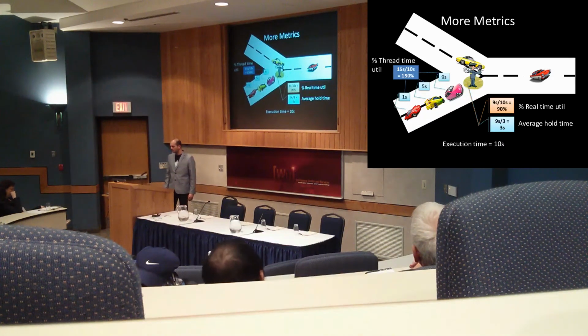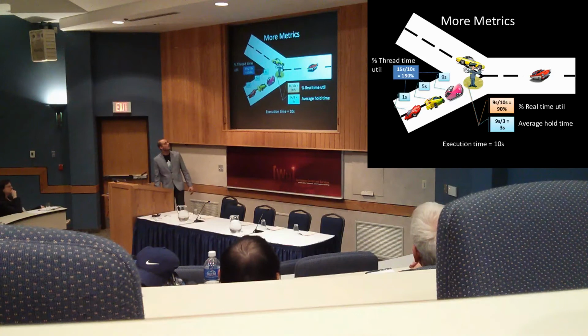We have some more metrics. They're relative metrics this time, so they're derived from the ones that we had before. So suppose that we have an execution time of 10 seconds in our example. The thread time utilization would be the thread time over the execution time. So in our example, 150%. It's over 100, but that's fine because we have multiple threads running at the same time. We also have the real-time utilization, which is in our example 9 seconds over 10 seconds.